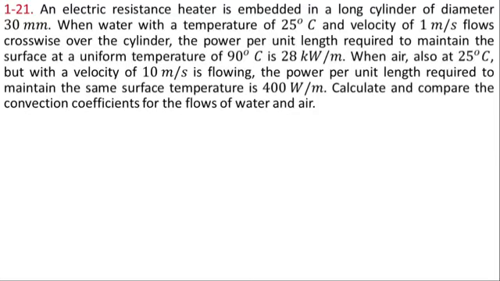So in order to maintain the temperature of 90 degrees centigrade, the power required per unit length is 28 kilowatt per meter. But when air having 25 degrees centigrade temperature but with 10 meter per second velocity is flowing over the cylinder, the power per unit length required to maintain the temperature of 90 degrees centigrade is 400 watt per meter.